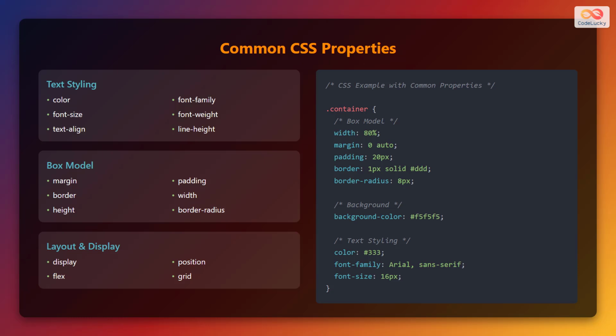Second, box model contains properties like margin, padding, border, width, height and border radius. Third, layout and display, which contains properties like display, position, flex, and grid. These are some common CSS properties you'll encounter while styling HTML elements. The code provides an example demonstrating how to use some of these properties to style a container element.